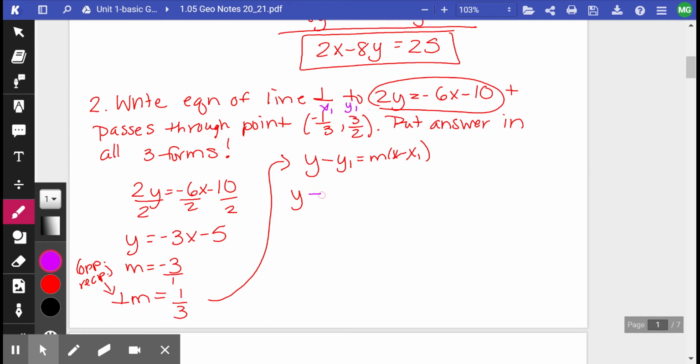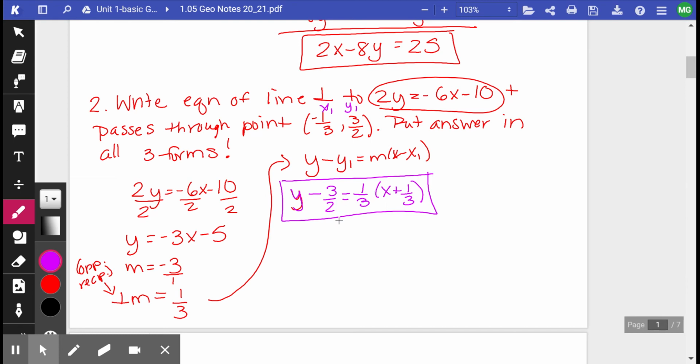So y minus 3/2 equals our slope, which is positive 1/3, times the quantity x minus 1/3. So minus a negative becomes a positive. So that right there is point slope form.